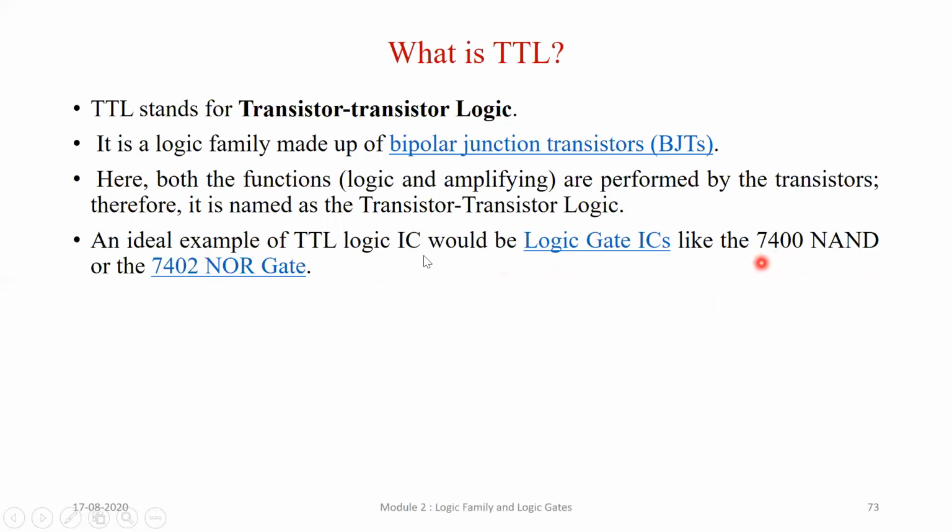So 74, you can remember. The 74XX series is TTL logic. For example, for NAND gate it is 7400, for NOR gate it is 7402. So you will have your AND, NAND, NOT, XOR. In our lab, we mostly have these TTL ICs.